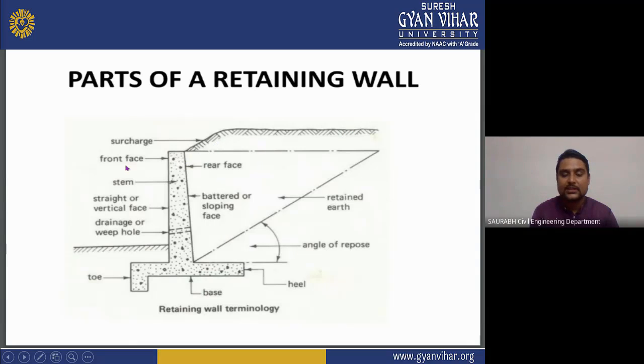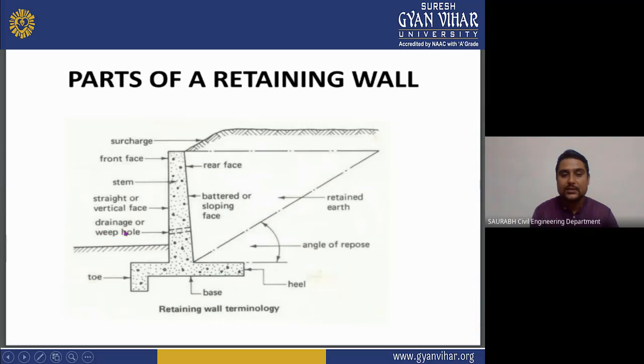This will be your front face, and this will be your rear face. And this is the stem. This is the straight or vertical face of your retaining wall, and that is the battered or sloped face.